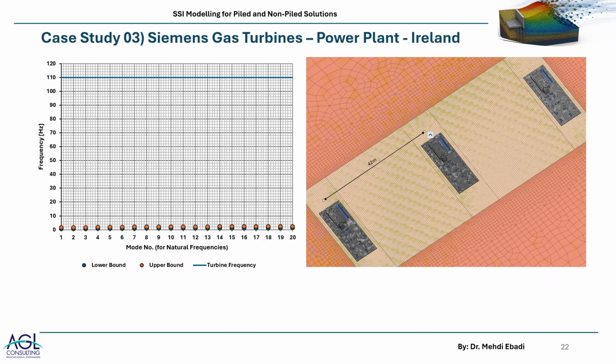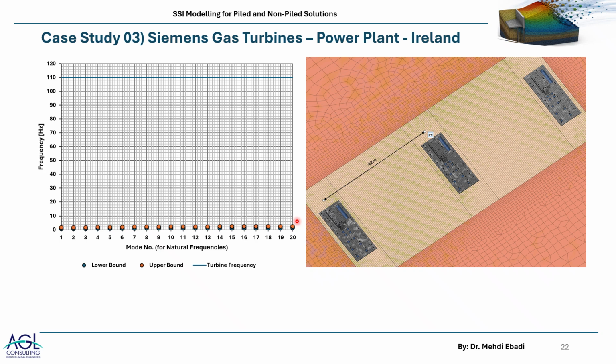for obtaining natural frequencies of a complicated model like this. Anyways, on the left, you can see a comparison between one of the machine frequencies, in this case, the dominant frequency of the turbine, which was 110 hertz, and these 20 points that you can see on the left are the first 20 natural frequencies of the system, which are much lower than the turbine frequency, which gives us the confidence that there is no risk for resonance or such.